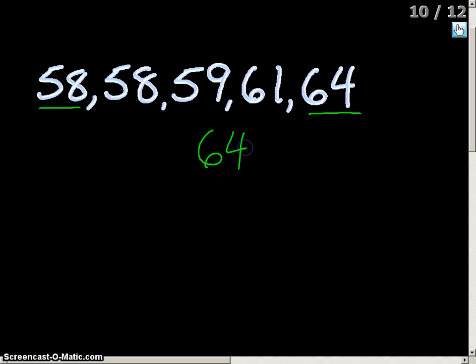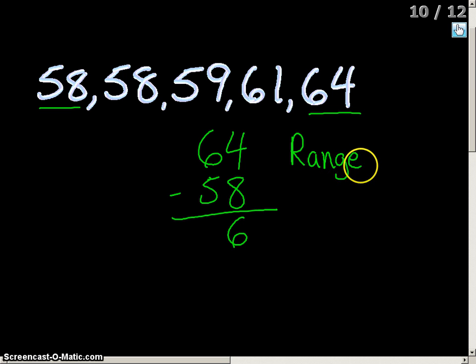So 64 minus 58. 64 minus 58 gives me 6. So the range for this set of data is the number 6. That's how you find the range. You want to locate the largest and smallest numbers and you subtract them. That will give you the range. So those are some of the key concepts we went over today in lesson 5-6.